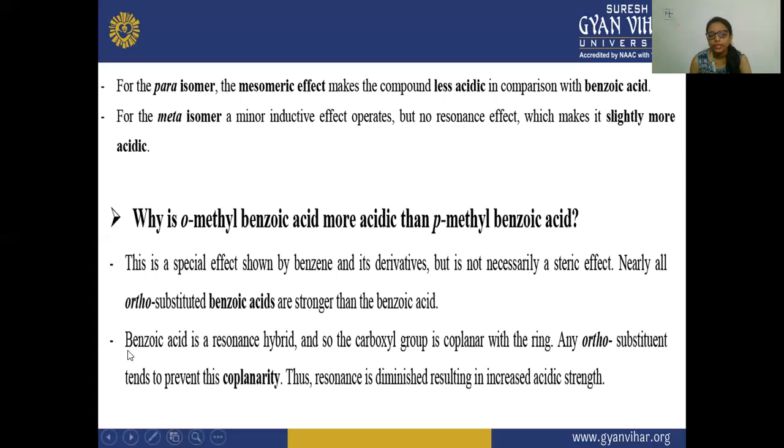If an ortho substituent is present on the benzoic ring, it prevents coplanarity with the ring. That is why the resonance hybrid formed in benzoic acid is diminished in the case of an ortho substituent, and that is why there is an increased acidic strength.